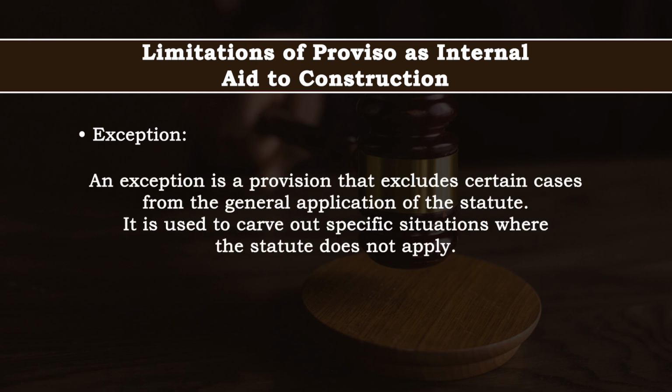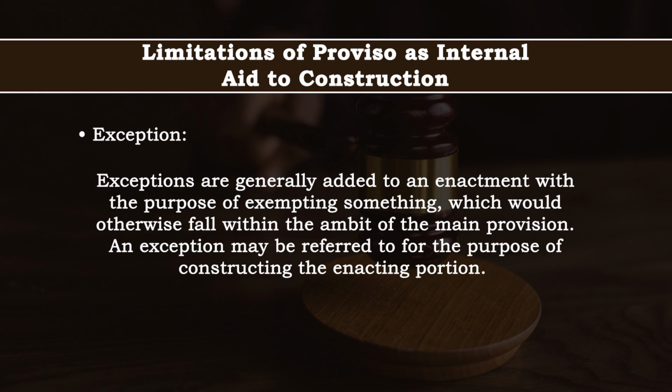An exception is a provision that excludes certain cases from the general application of the statute. It is used to carve out specific situations where the statute does not apply. Exceptions are generally added to an enactment with the purpose of exempting something which would otherwise fall within the ambit of the main provision. An exception may be referred to for the purpose of construing the enacting portion.